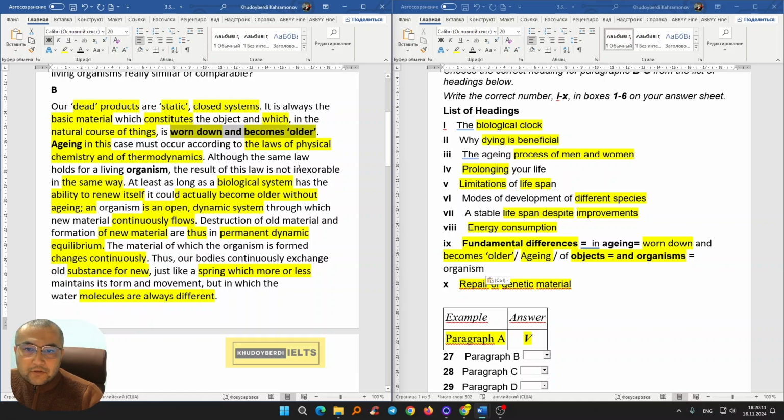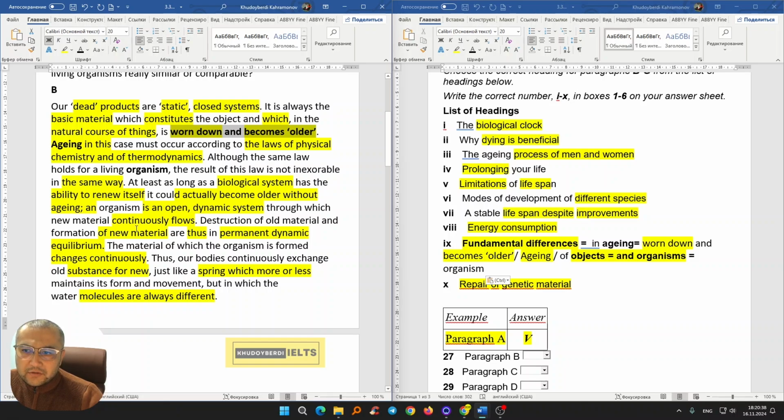And the result of this law is not inexorable in the same way, at least as long as the biological system has the ability to renew itself, right? It could actually become older without aging. An organism is an open dynamic system through which new material continuously flows.